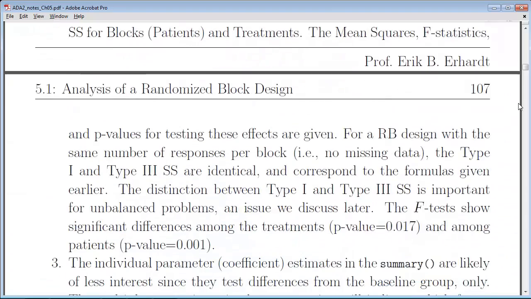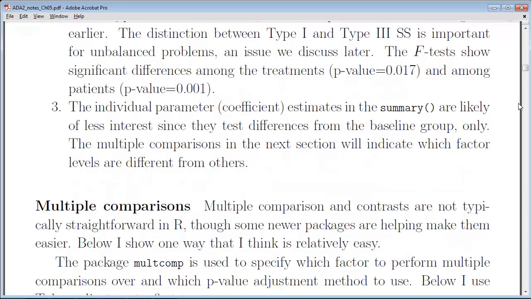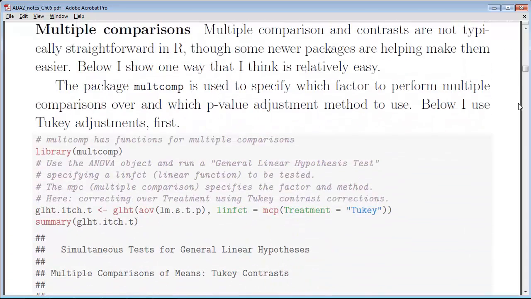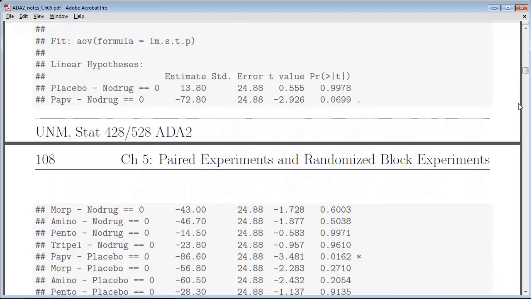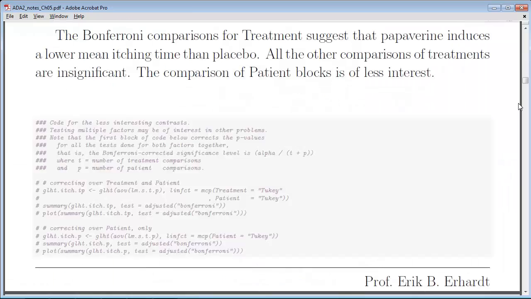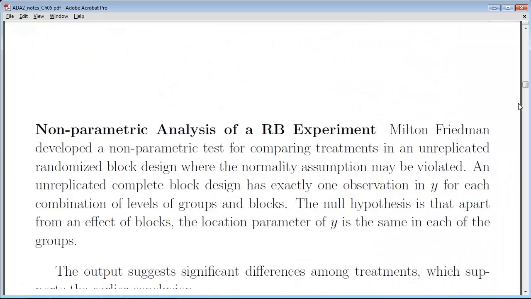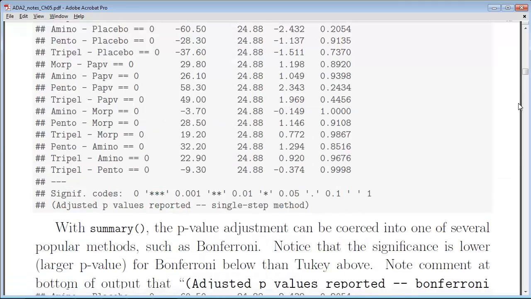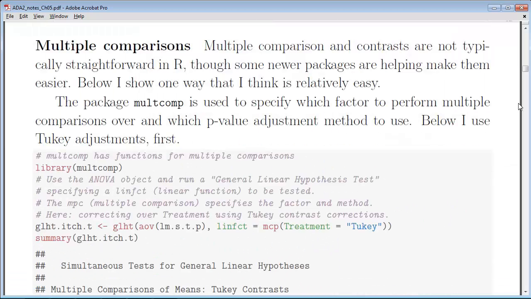All right. I am sure I described all those things. All right. Multiple comparisons. Let me page down for a moment. All right, let's do it. Multiple comparisons. So these are the comparisons we want to make. So there's a package called MultComp, which does this general linear hypothesis test.